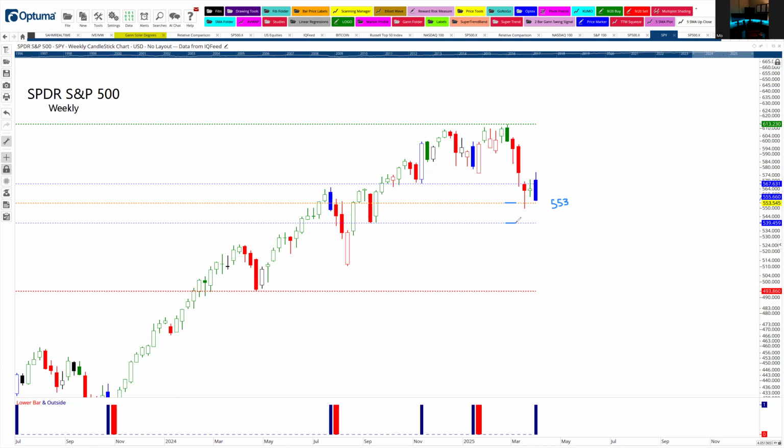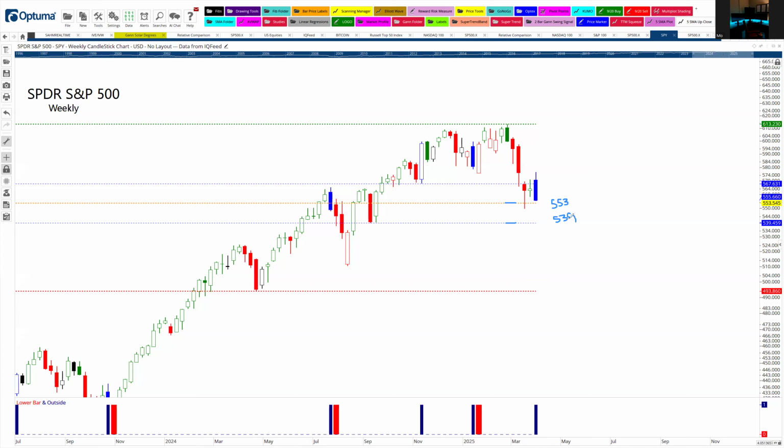I'm not risking $1,000 or $1,500 to make a lot less. Risk reward has to look good, otherwise there's no point in my trade. So it's 553, 539. This could be considered a spread. That's one spread that you can consider, just picking these two strike prices.